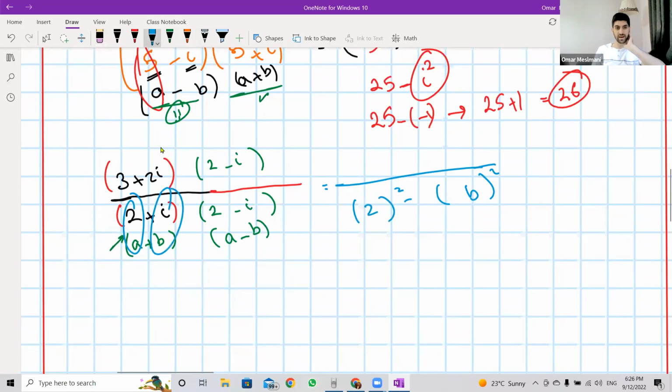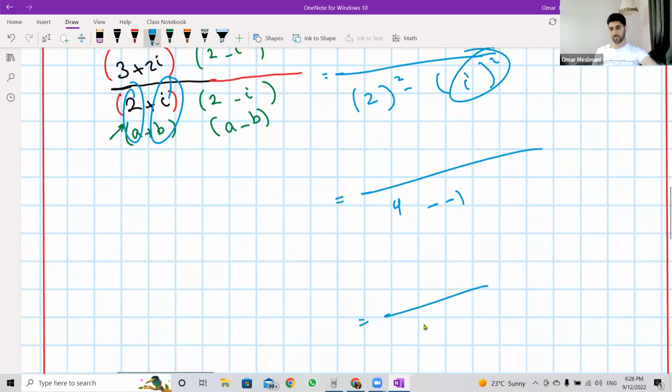B is obviously i. Now the denominator will be 2 squared, it's 4, minus i squared. I know, and you know, it is -1. So minus -1 is going to be 4 plus 1, which is 5.